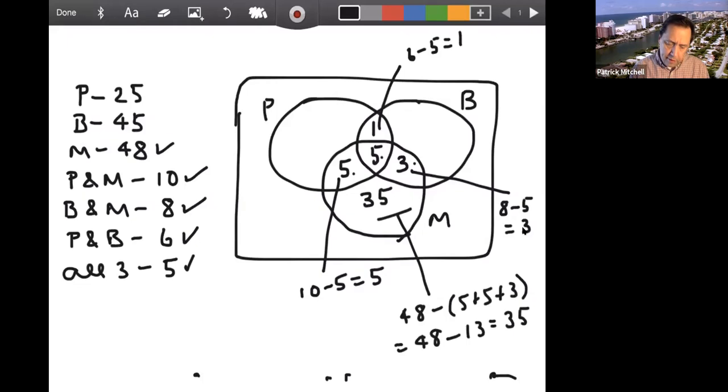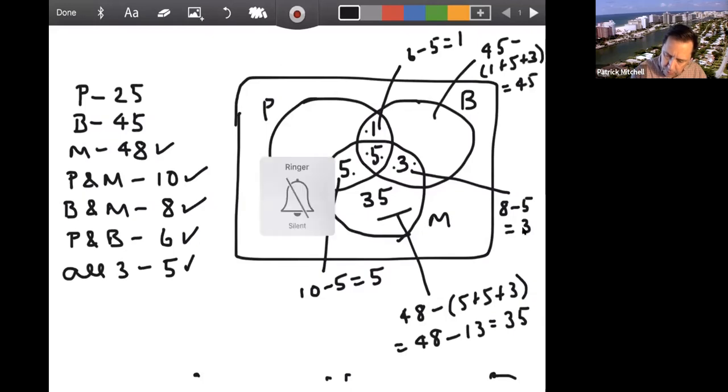And then I'll do the same thing for biology. 45 students took biology, but that includes this 1, these 5, and these 3. So we're going to subtract 1 plus 5 plus 3, which is 9. Oops, so that should be 36.